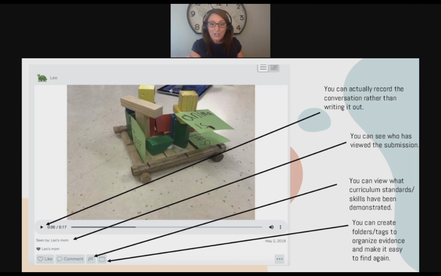I can add the curriculum standards, you can see there, and then I can even create folders as I would have in a traditional paper pencil portfolio. And so that means that one piece of evidence that I add can go into multiple folders, right? And that's the same for students.